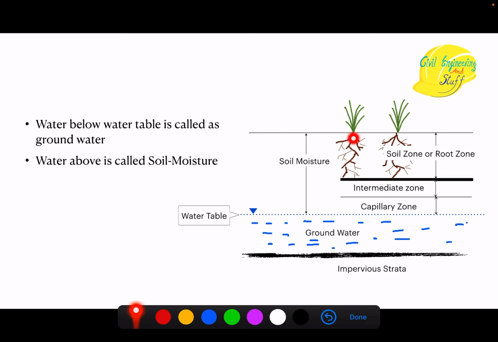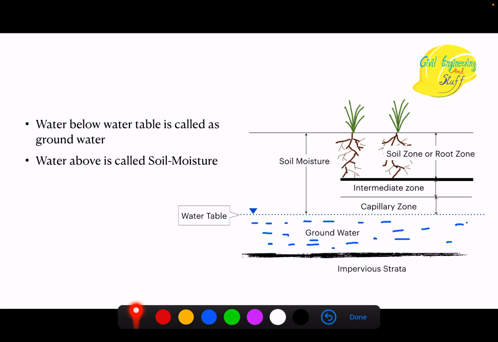The depth up to which the roots of the plant go is called the root zone, and in this root zone the plant extracts the moisture for their growth.